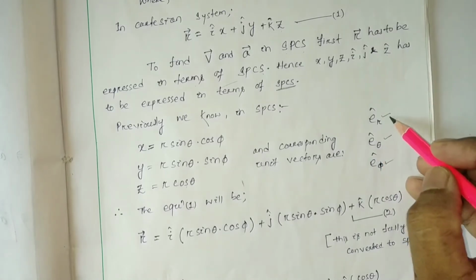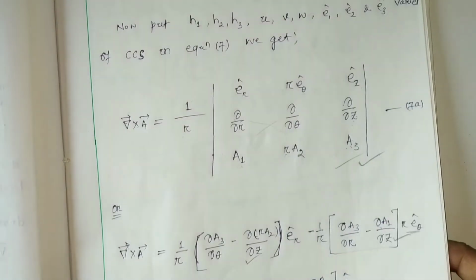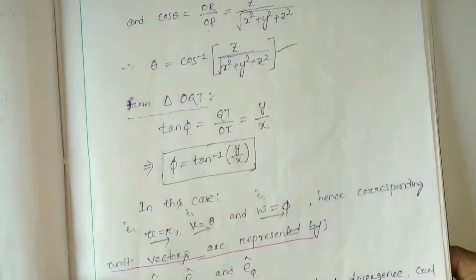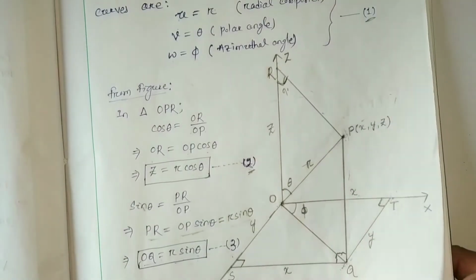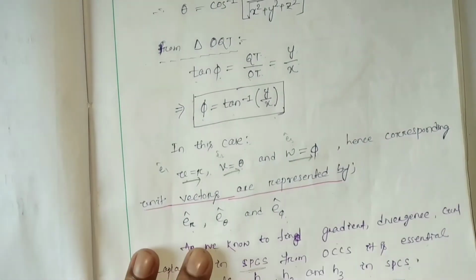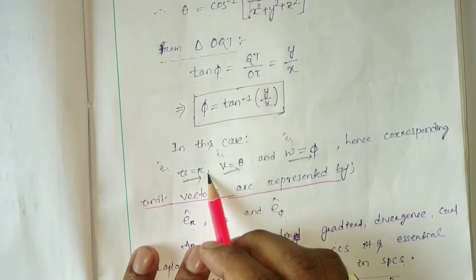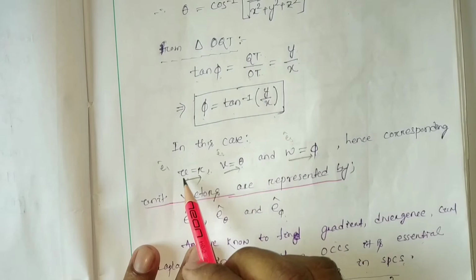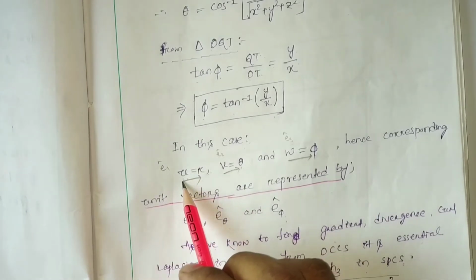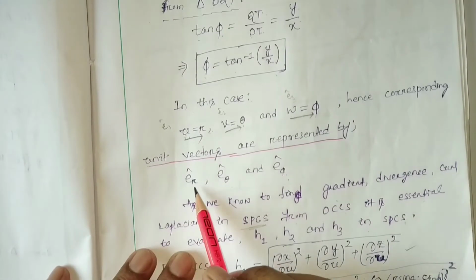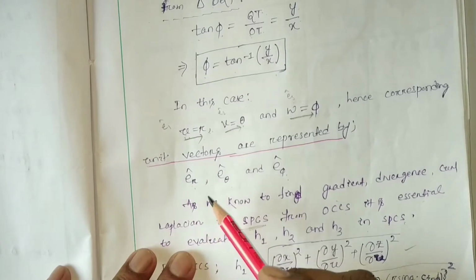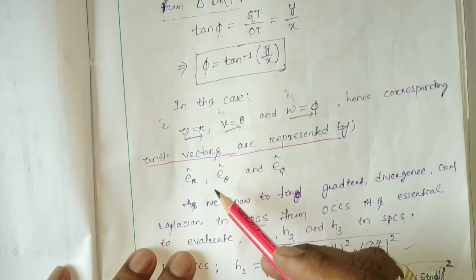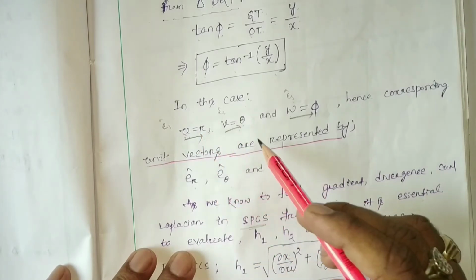You may remember that when we discussed the spherical polar coordinate system, I told you that u, v, w are transformed to r, theta, phi. The unit vector e1 cap for the u curve is transformed to e r cap for the r curve, the radial curve.